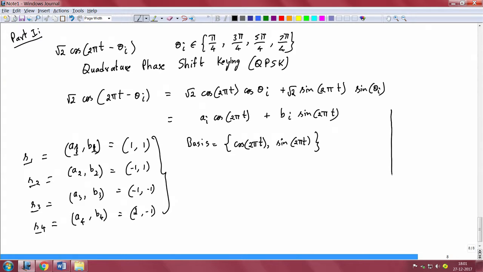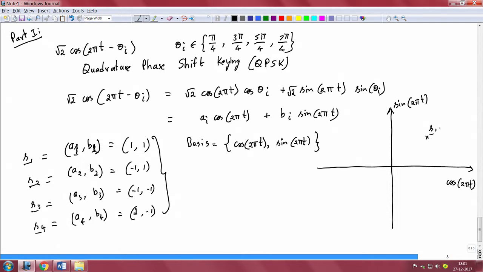So, in order to visualize what it means, here we have sin 2 pi t and cos 2 pi t axes.